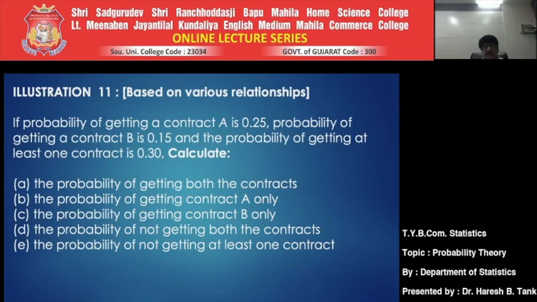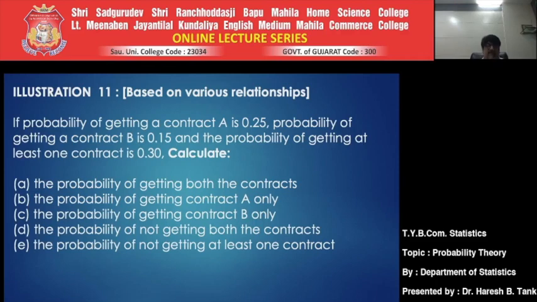It would be probability of A intersection B complement. Next is probability of getting contract B only. That means only B, not A. If you put it in notational form, it comes to probability of A complement intersection B. That is what is needed.